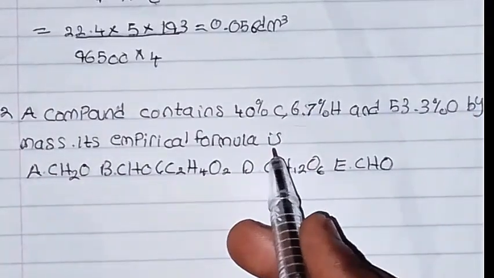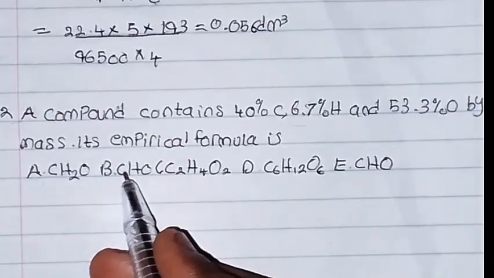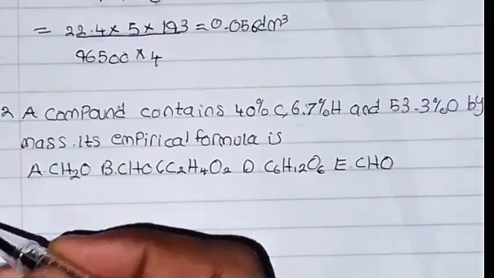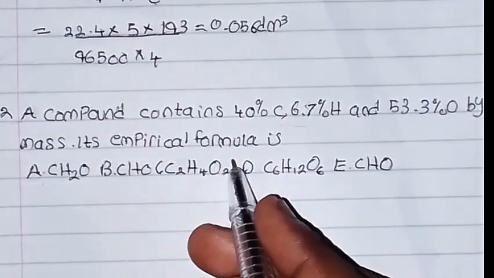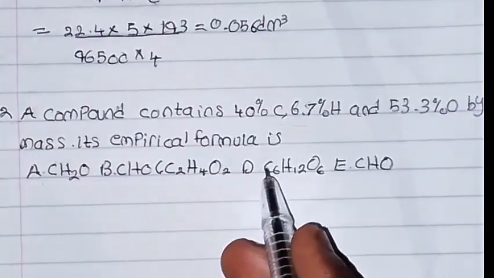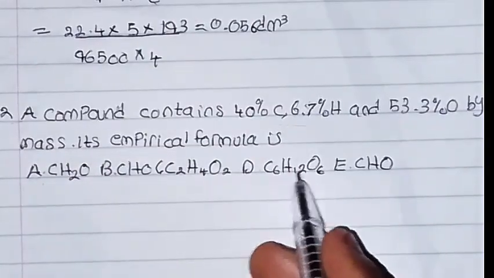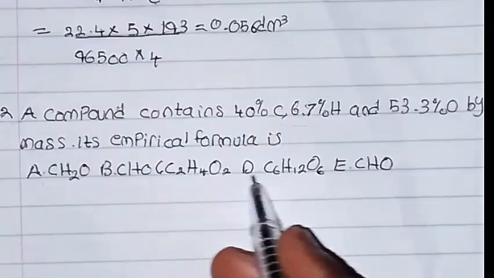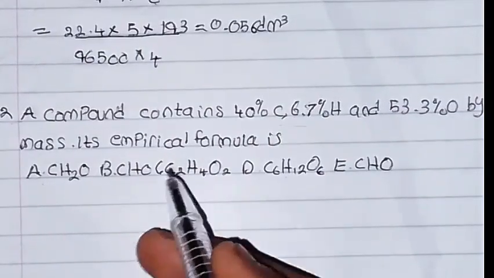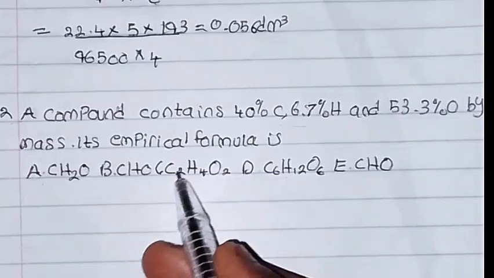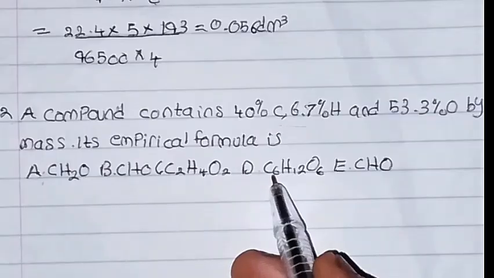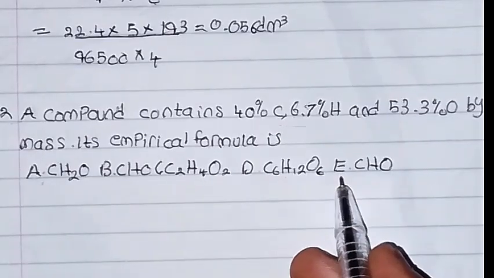Its empirical formula is A, CH2O, B, CHO, C, C2H4O2, D, C6H12O6, and E, CHO. The empirical formula of a compound is the simplest formula of the compound, meaning the subscripts of the elements must be in their simplest form. If you observe C2H4O2, I can divide all through by 2 to obtain CH2O. I can divide all through by 6 here, because that's common, to obtain CH2O.